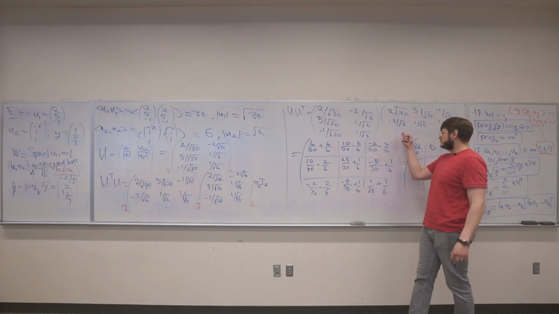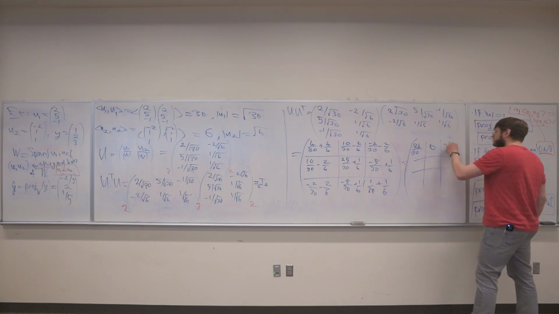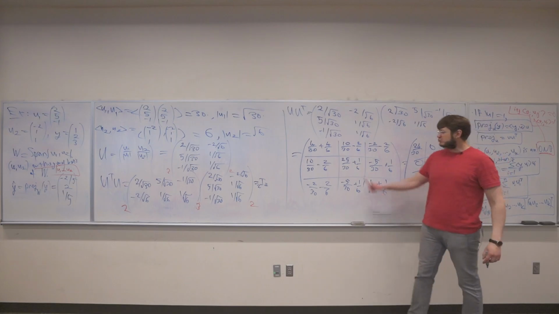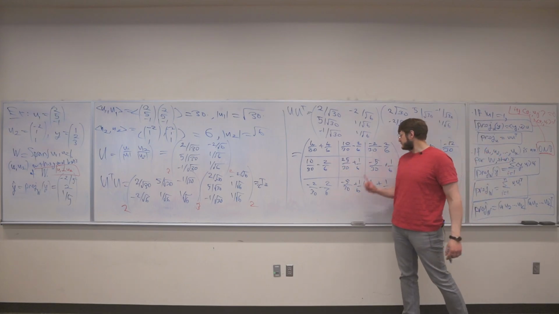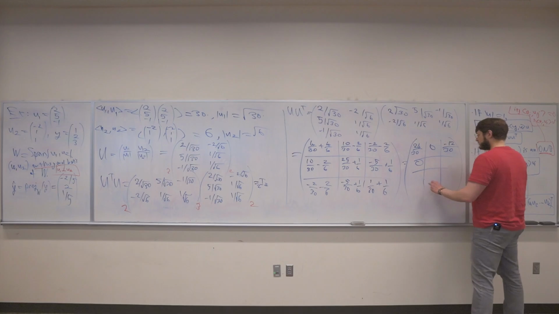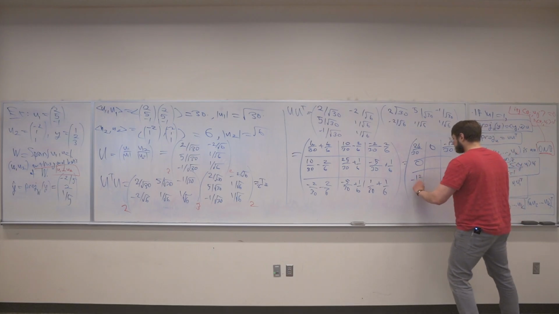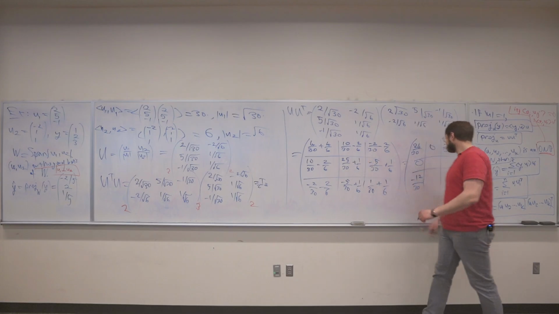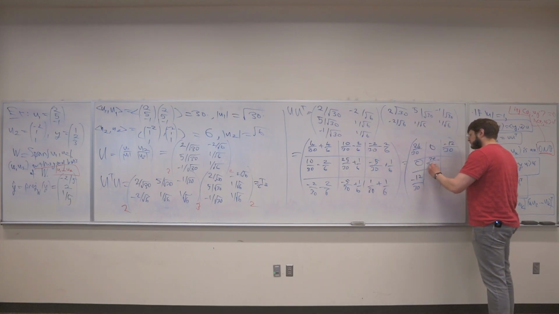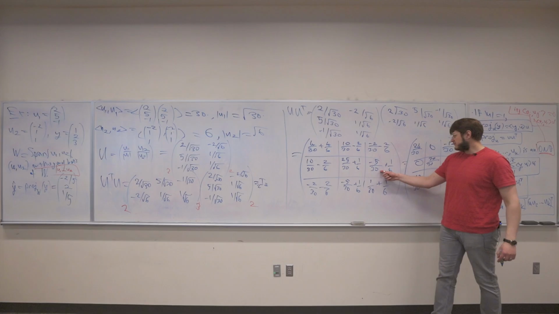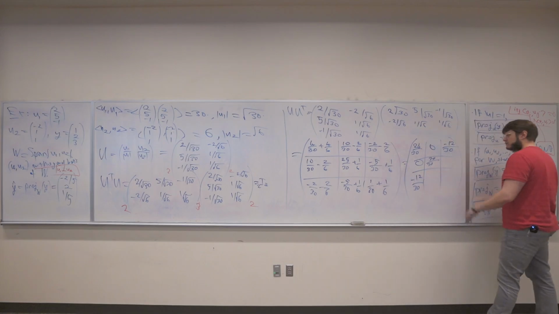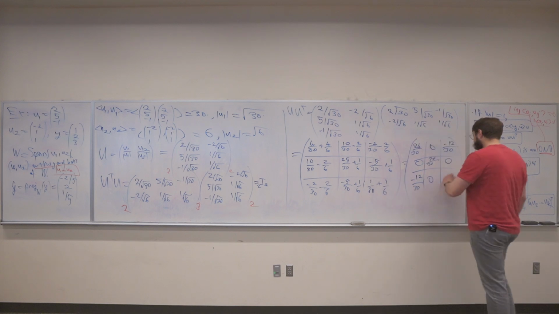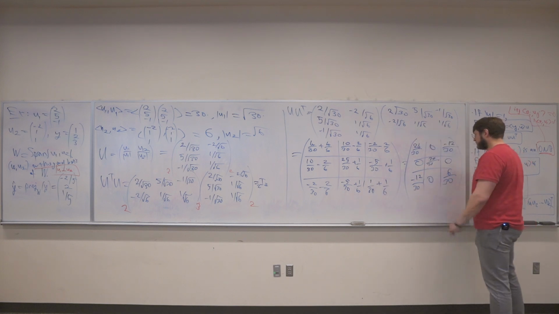Minus 2, minus 10, minus 12 over 30, that's 0, because surprisingly this is the same thing as this, and this is the same thing as this. This is 30 over 30. This is minus 5, plus 5, that's 0, that's also 0. 1 plus 5 is 6 over 30.